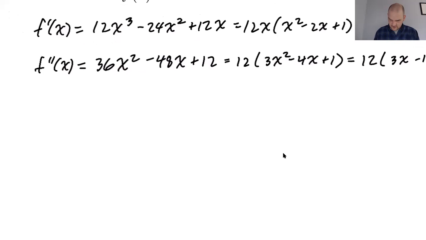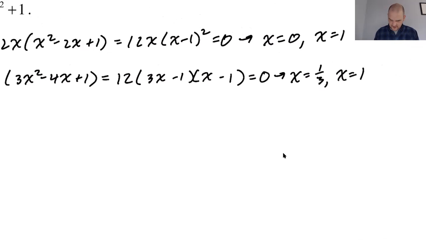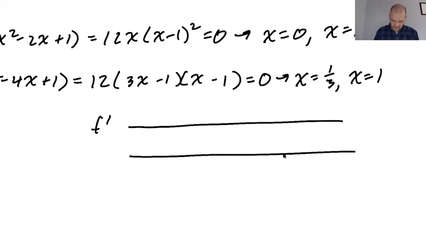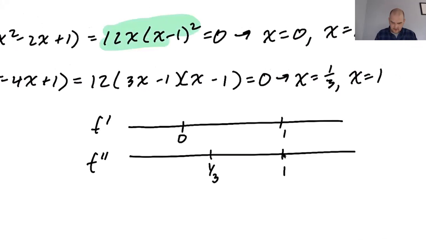All right, sign chart. I'm going to do the sign chart over here so that I can fit them. So f prime, f double prime. Okay, so 0 and 1, 0 and 1, and then 1/3 and 1. We're testing in here because it's the most factored form that I have for f prime.